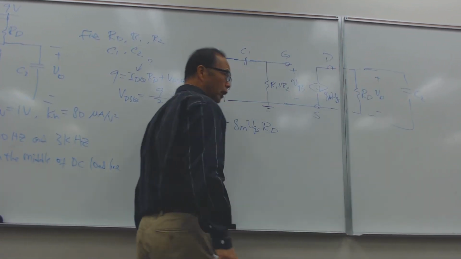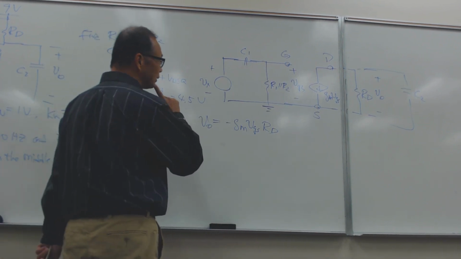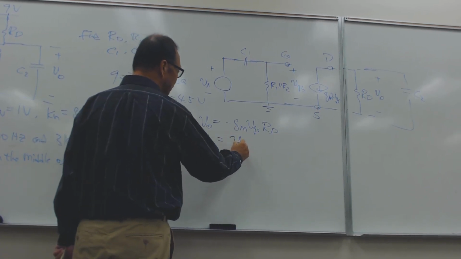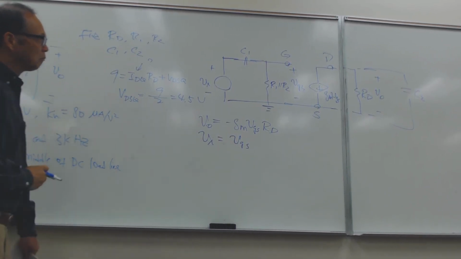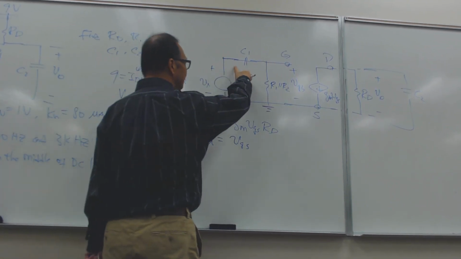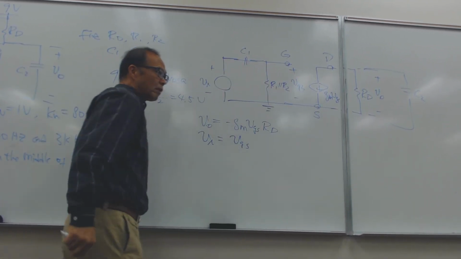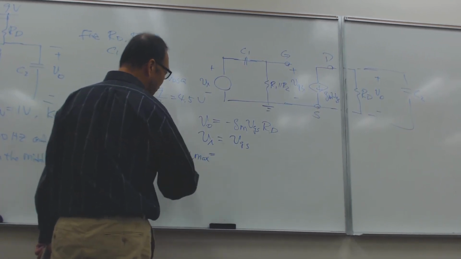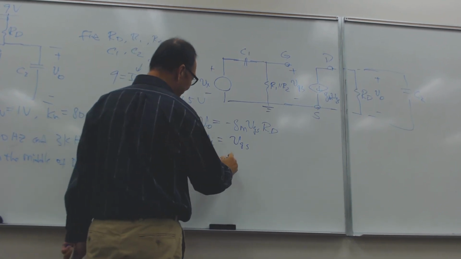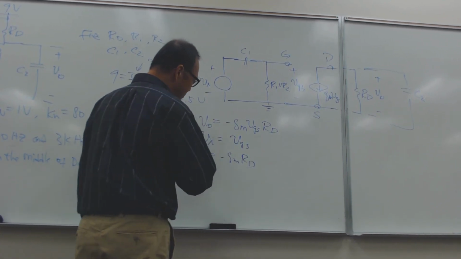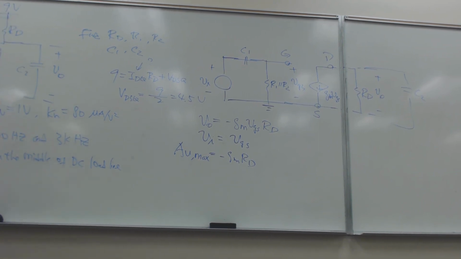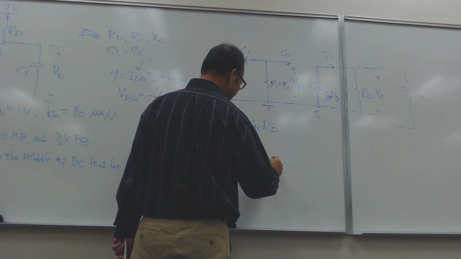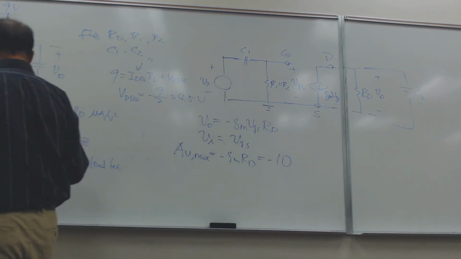V sub I is VGS, the same as here, so that makes it easy. So A sub V max is equal to minus gm R sub D. That is given. The value of that is minus 10.